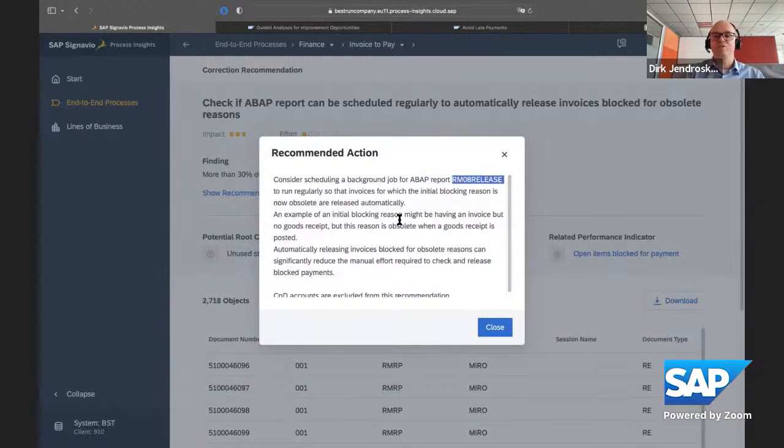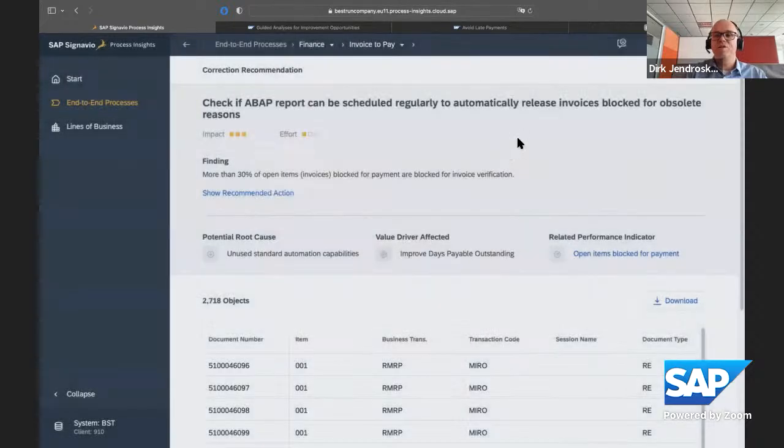That will actually fix the problem, and I will not see this coming up again, that invoices are blocking my payout to the suppliers for obsolete reasons, which is great because then Timo has one less thing to worry about.